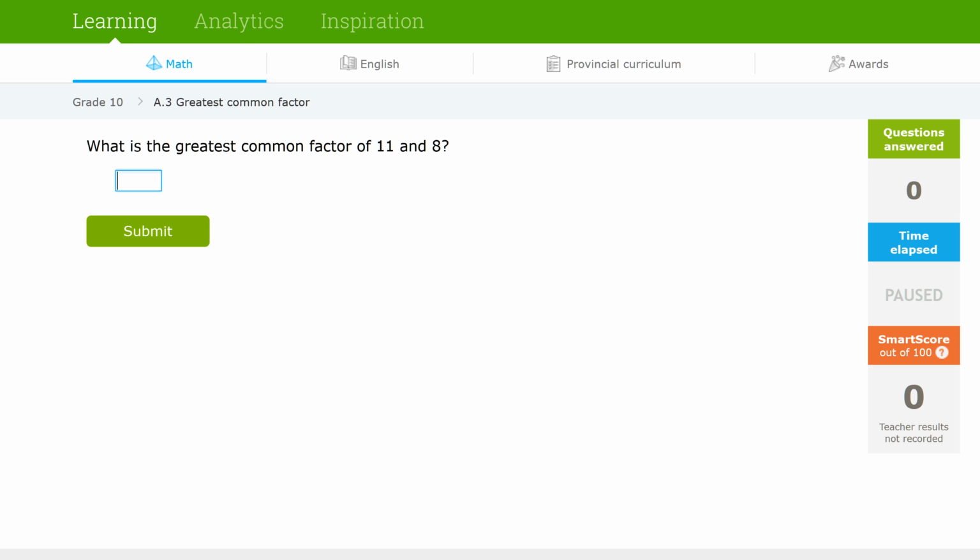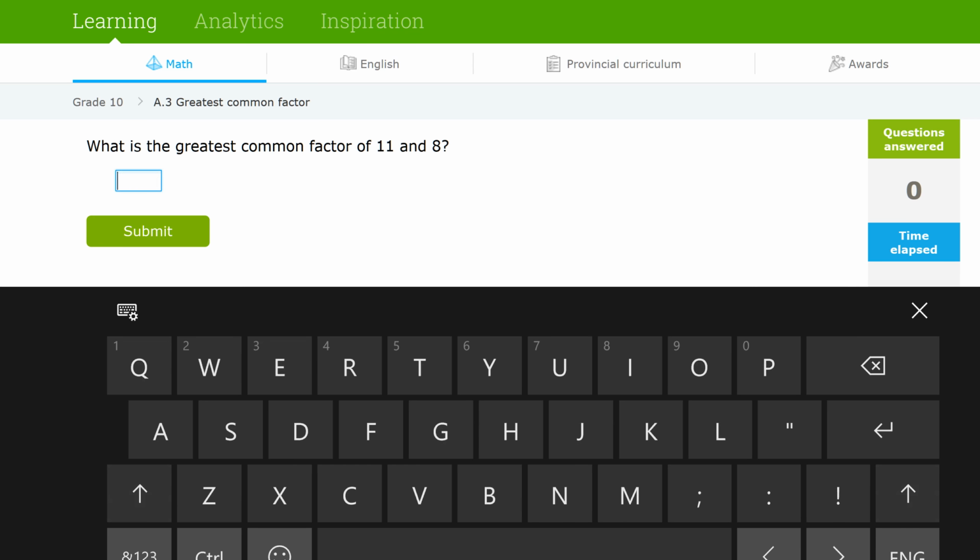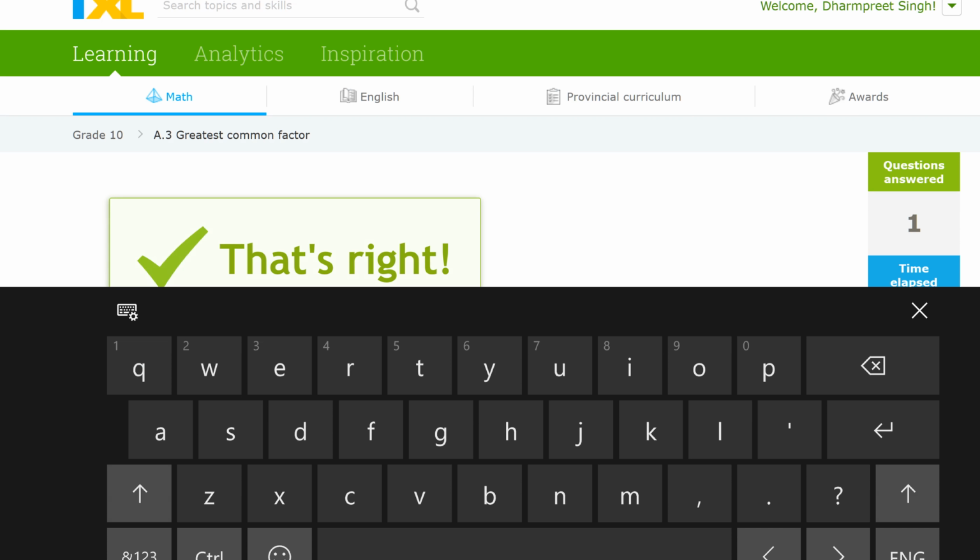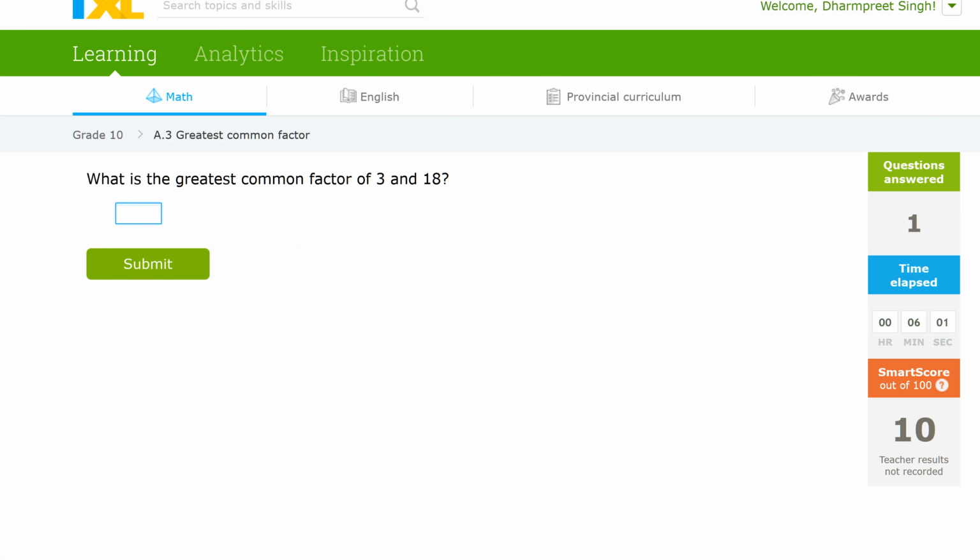That's only 1, right? 1 divides both of them. 2 doesn't divide 11. 3 doesn't divide 11. So we don't have any number which divides both of them except 1. So I'm going to fill 1 in there, and let's see what is the answer. That's right. So they accepted our answer.